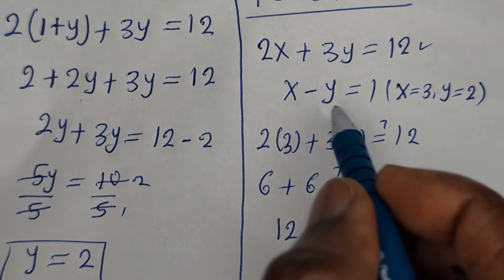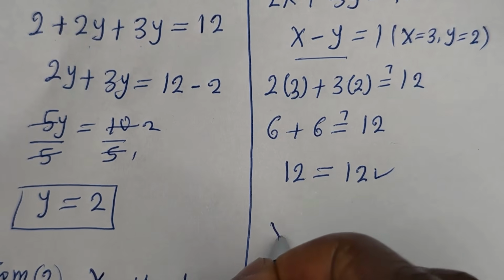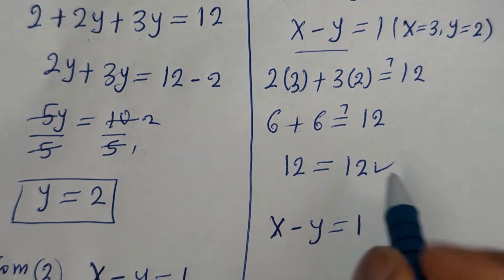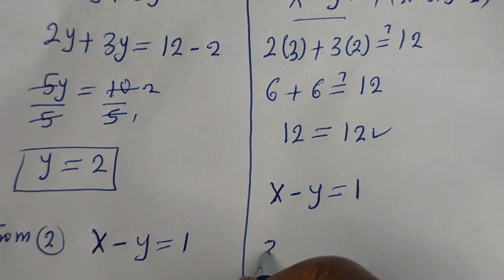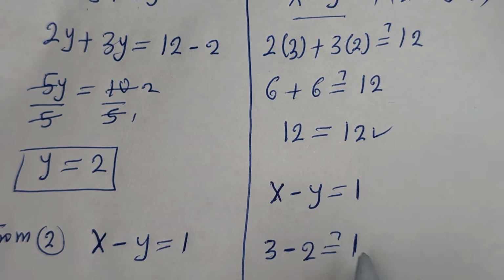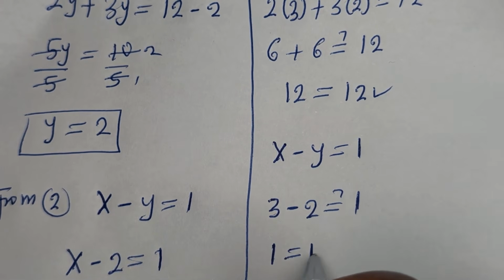Now let us consider this. Here, x minus y is equal to 1. When x is 3 and y is equal to 2, we have 3 minus 2 must be equal to 1. Then 3 minus 2, this is 1, is equal to 1, which is true.